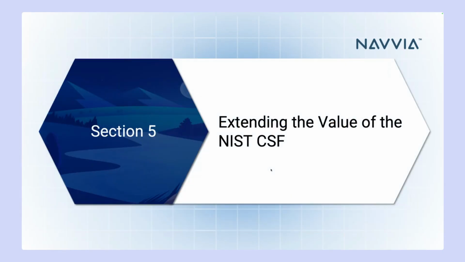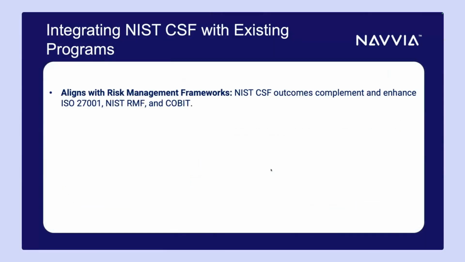Okay, let's talk a little bit. We're pretty close to the end of the presentation. Let's talk a little bit about extending the value of the NIST CSF. So the beauty of NIST, because it was designed in collaboration with all of these different stakeholder groups, specialists from government, from industry, different sectors, from the different standards bodies, it does really naturally align.